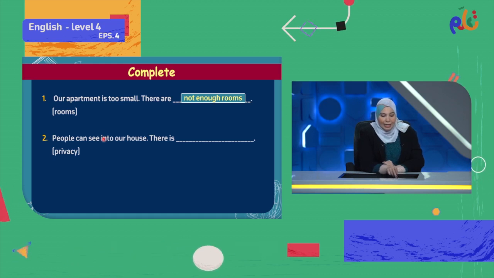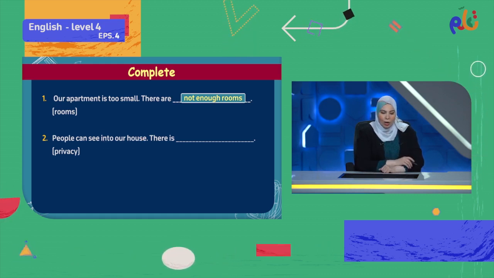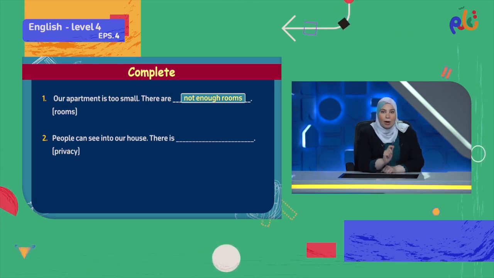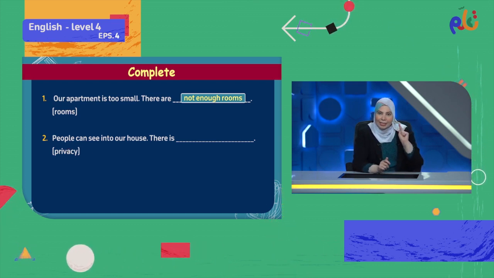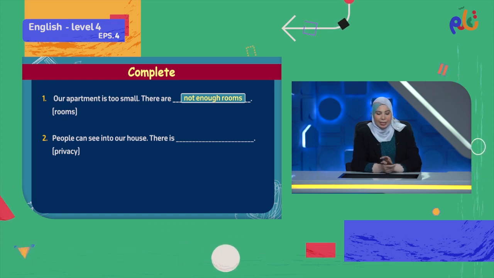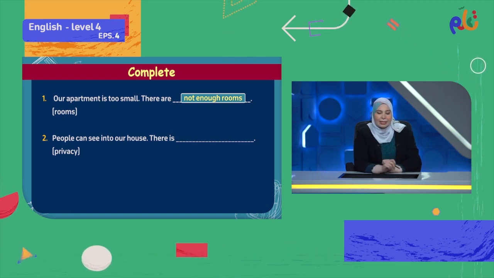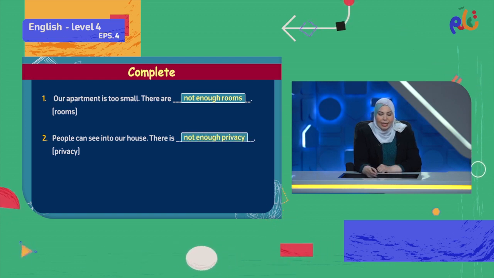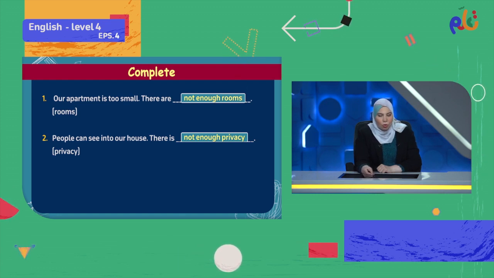Okay, people can see into our house, and I want to use privacy. Privacy, not private. Privacy here is the noun. So in this case, there isn't enough privacy. Privacy noun, rooms noun.